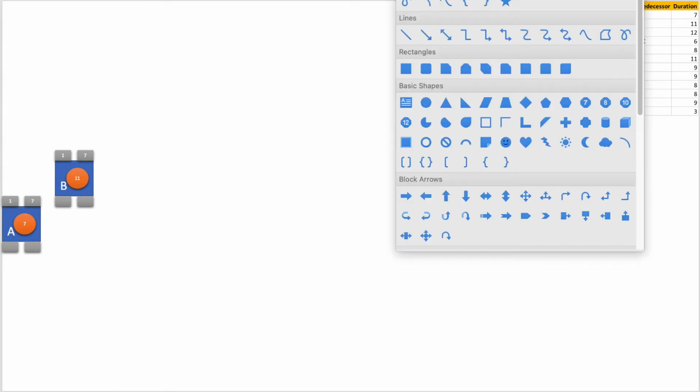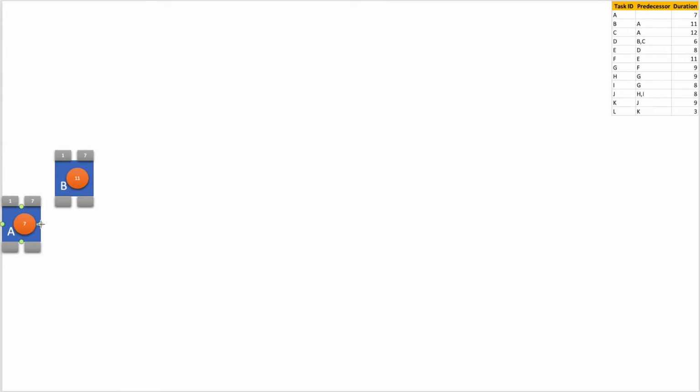Now let's try to create the activity B. So I will create this new activity called activity B. We notice that activity B is scheduled to take 11 days. So I change the duration to 11. Now activity B has a predecessor in activity A. So I must make a relationship; let us assume for the moment that all relationships are finish to start relationships.